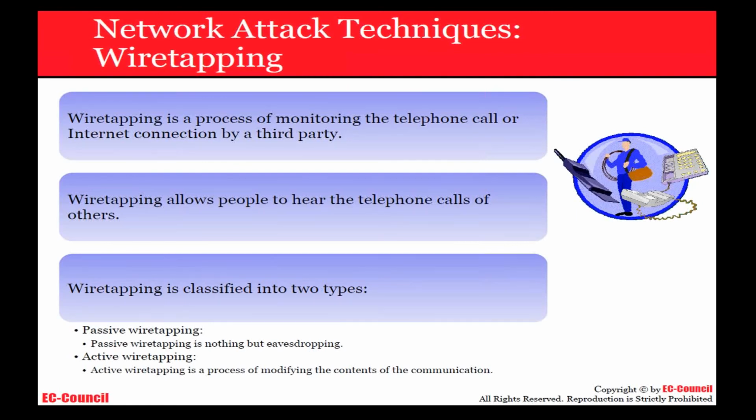What else? Wiretapping. What is wiretapping? Wiretapping is the process of monitoring telephone calls and internet connections by a third party. Wiretapping allows people to hear the telephone calls of others. I'm pretty sure you remember when you had parallel phones at home. Like if your mom is answering the phone, you could just pick up the other line and listen.